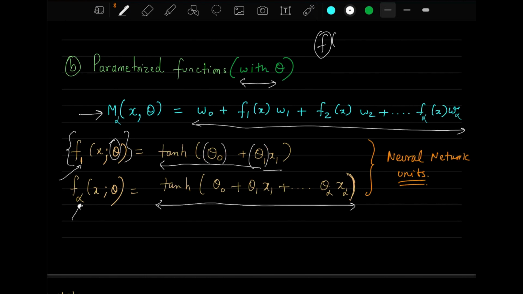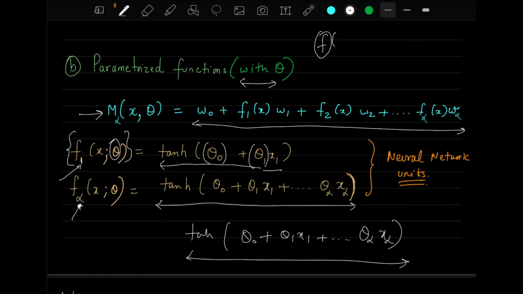If you realize, this tan hyperbolic of theta 0 plus theta 1 x1 till theta alpha x alpha is nothing but a neural network, because you have this nonlinearity applied onto the summation.